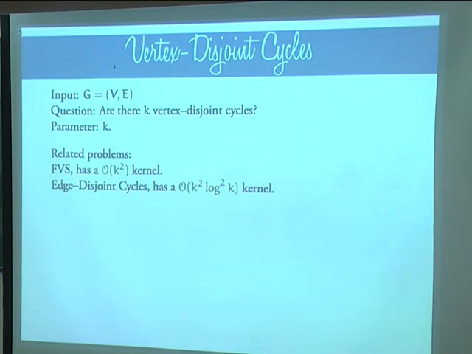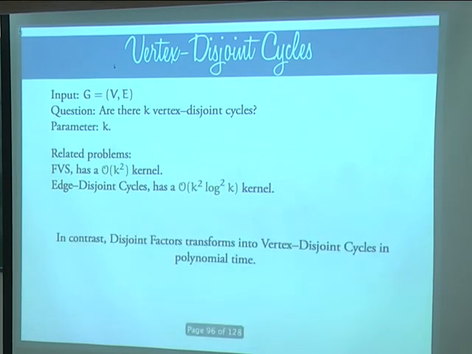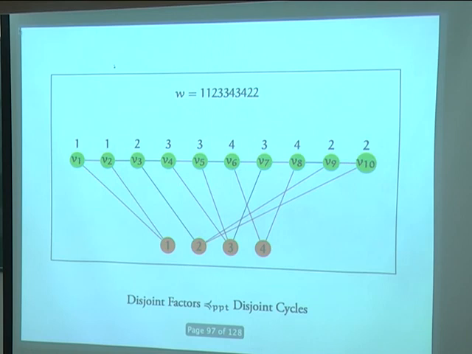Okay, again a simple exercise. So, here is a completely trivial reduction from disjoint factors to disjoint cycles, right. You are given a string and you want to know whether there are k disjoint factors here.